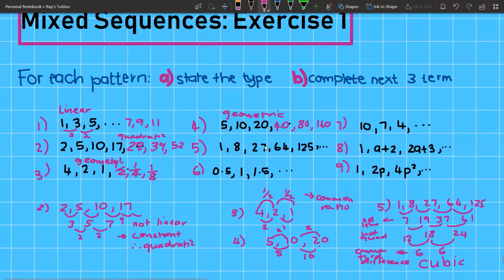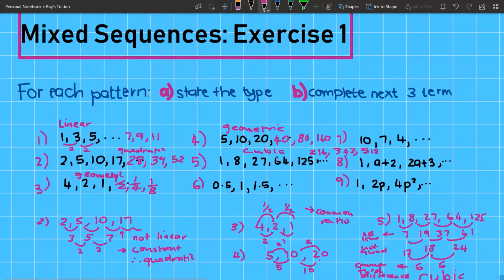The next one will be 6 cubed, and 6 cubed is 216. And then we have 7 cubed. So then 7 to the power of 3 is 343. And lastly, we have 8 cubed. So 8 to the power of 3 is 512. So this is a cubic pattern.